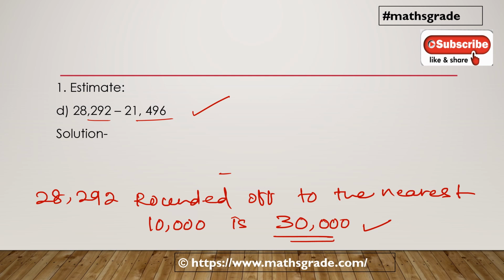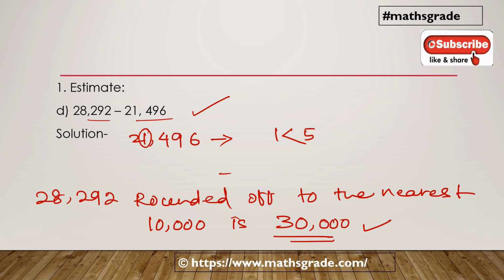Now we round off this number 21,496 to the nearest 10,000 place. In 21,496, 1000 place digit is 1. 1 is less than 5. So don't add 1 to the 10,000 place digit and write down just 2 in 10,000 place digit and write down 0 in 1000 place, 100 place, tens place and unit place digit.